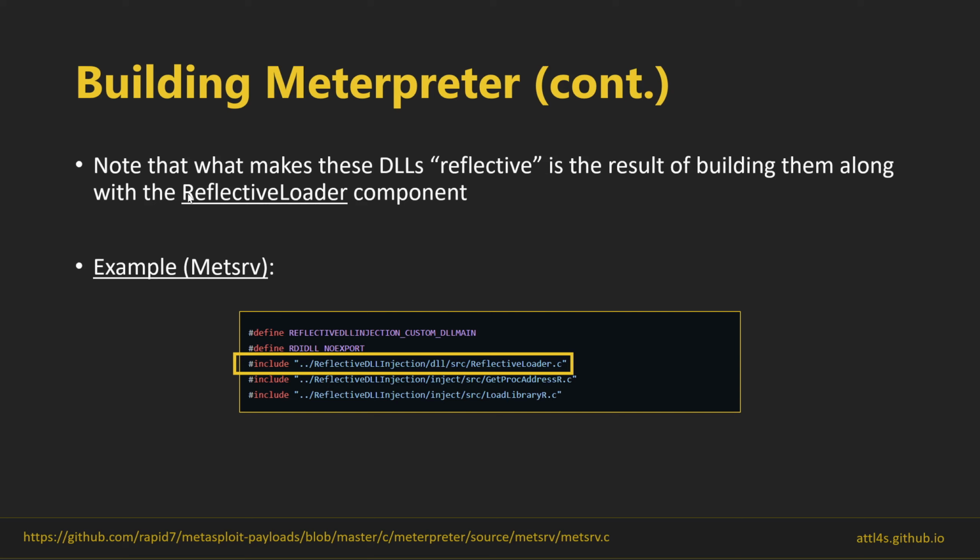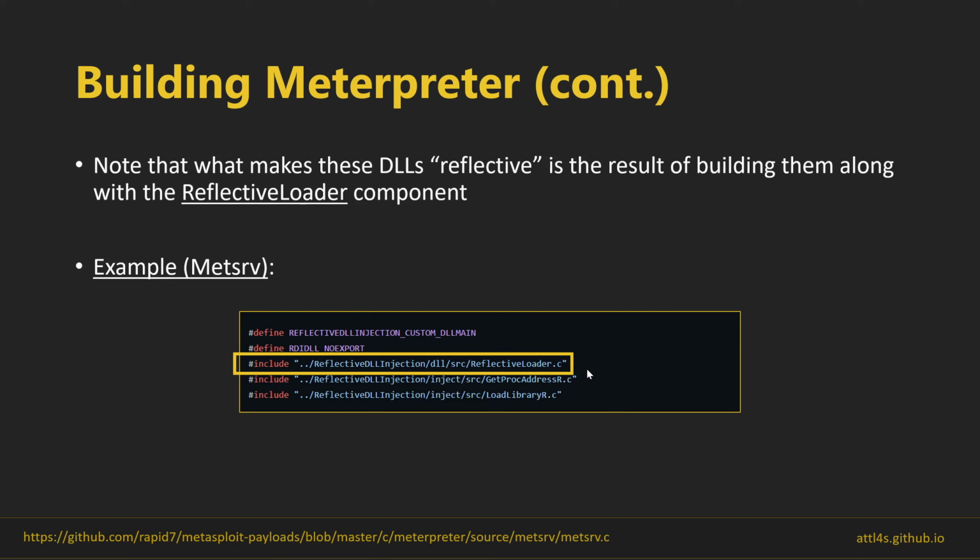So note that what makes these DLLs reflective is just the result of building them with a portable reflective loader. If you go to the source code of Metsrv or any other extension, you will see an include for ReflectiveDLLInjection, and ReflectiveLoader.c.